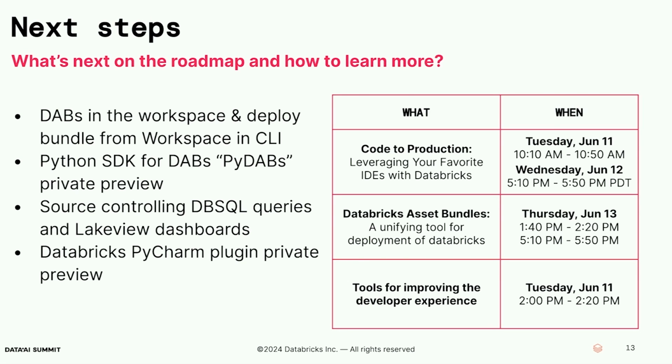It was not as clean as we'd like it to be. So we're actually going to be building an experience for DABs within the workspace, a more native visual editing experience. And we'll talk a little bit about that in the Q&A section, I hope. And that's going to be available in the coming months. We're still working on it right now.